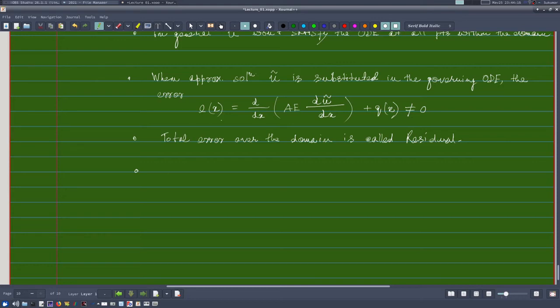It will be given by integration of this E(x), right? Integration of this E(x) over the solution domain. So my total error or residual Et, which is residual, is my integration of this E(x) over the solution domain, E(x) dx, right?